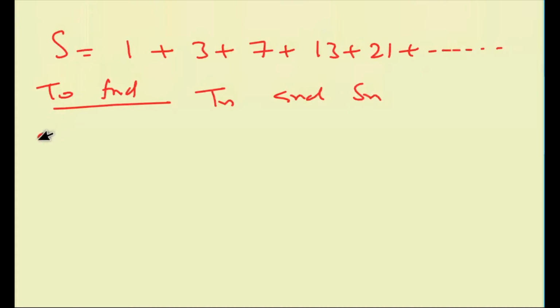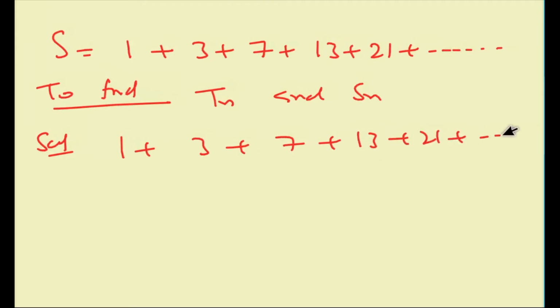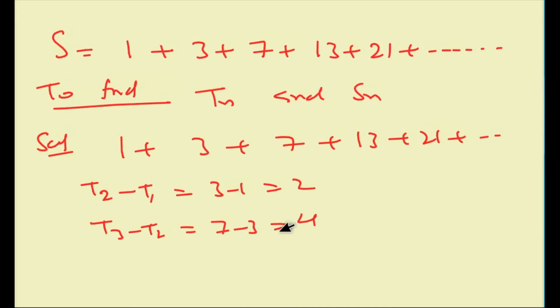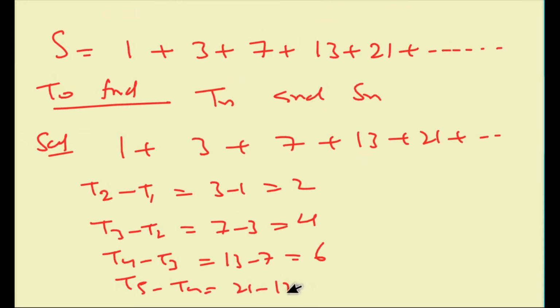In this type of question, you can first check whether the difference of alternate two terms is either AP or GP. Okay, so we can check T2 minus T1, 3 minus 1 equal to 2, T3 minus T2 equal to 7 minus 3 equal to 4, T4 minus T3 equal to 13 minus 7 equal to 6, T5 minus T4 equal to 21 minus 13 equal to 8.